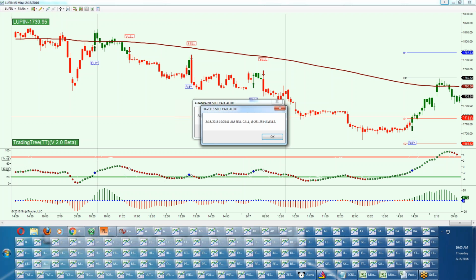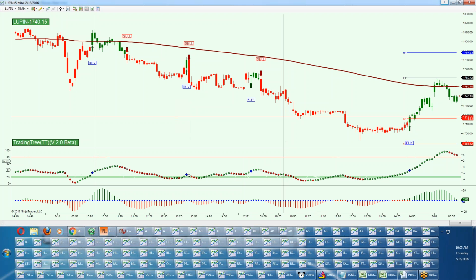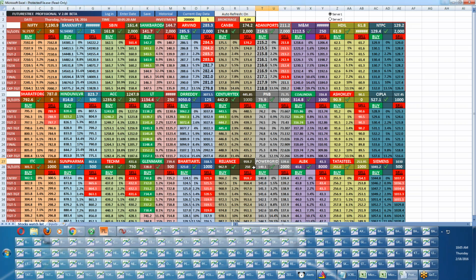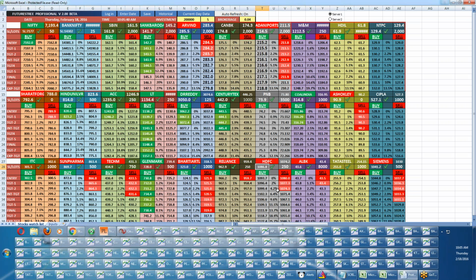So we have a sell in Havells, Asian Paint, HDFC. HDFC, it was already a sell. So your confirmation is here now. ITC, we have a buy, 302.50.